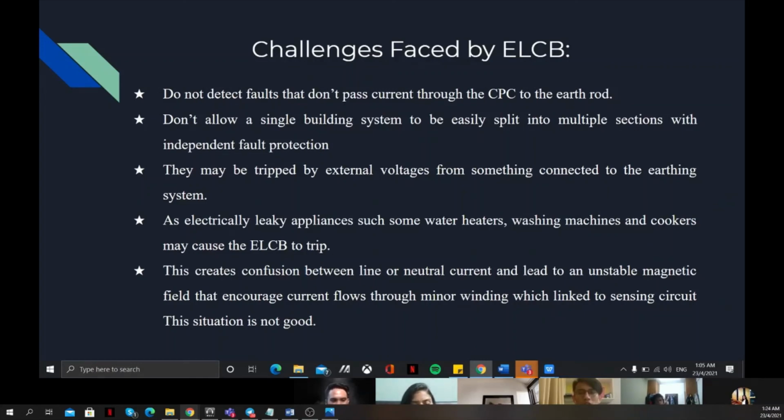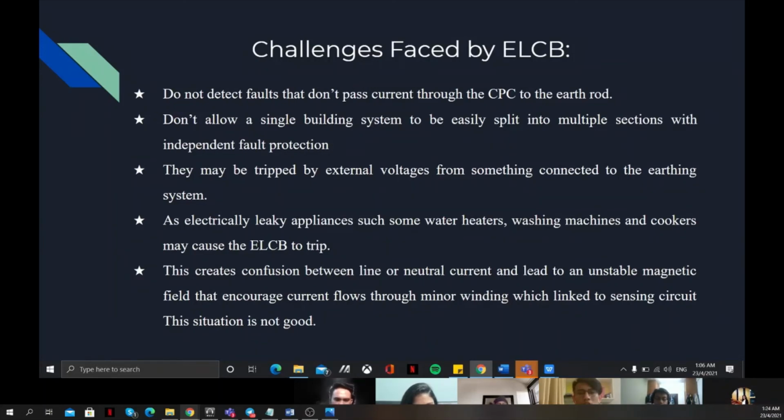Second, ELCB does not allow a single building system to be easily split into multiple sections with independent fault protection, because the earthing systems usually use a common earth rod. And third, ELCB may also be tripped by external voltage from something connected to the earthing system, such as a metal pipe, TN-S earth, or TN-C, a combined neutral and earth.